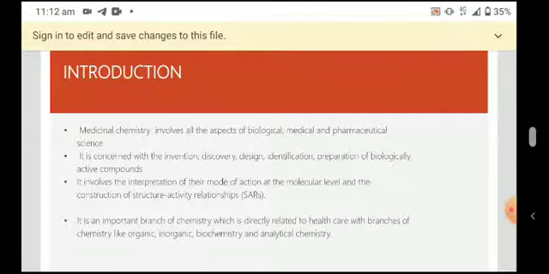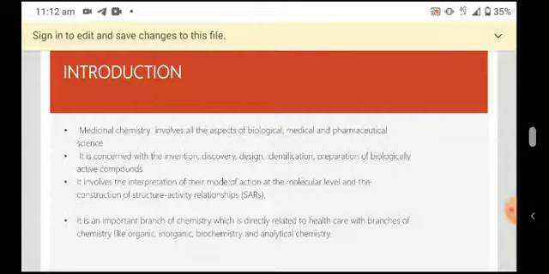After that, it also involves the mode of action of the drugs with their structure activity relationship. Exactly what medicinal chemistry does is give an interpretation of the mode of action of any drug with its structure activity relationship.